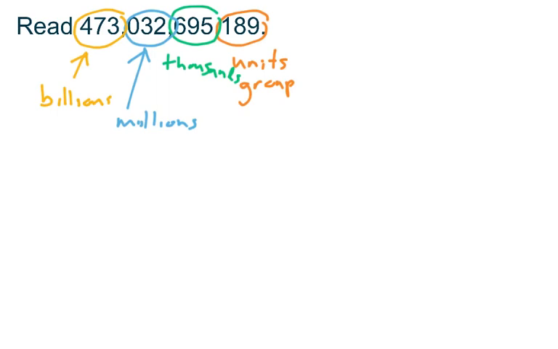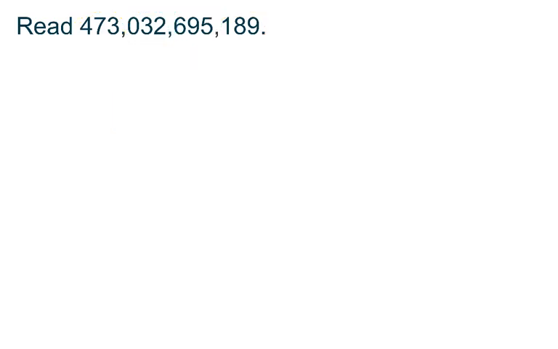Now, why am I referring to these as groups? Let's talk about the thousands group particularly, these 3 digits right in here. If you think about the place value, we call this place the thousands. We call this place the 10,000s.